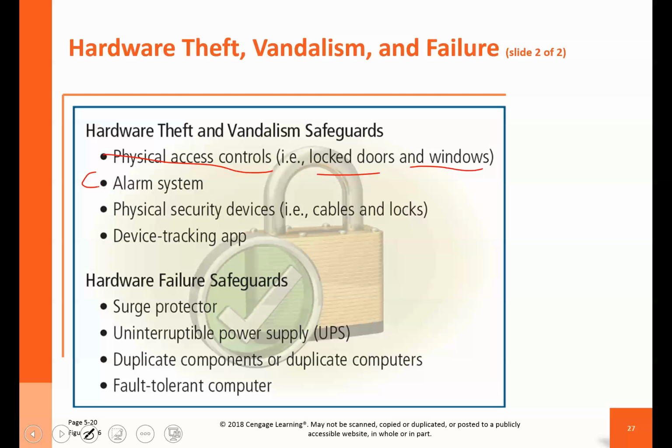And of course, we can also make use of locks, which are collectively known as physical security devices, to stop your hardware being tampered with. And then we can also make use of software to trace it in case it is lost.